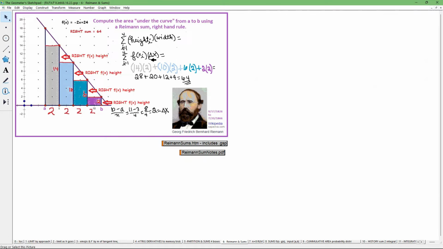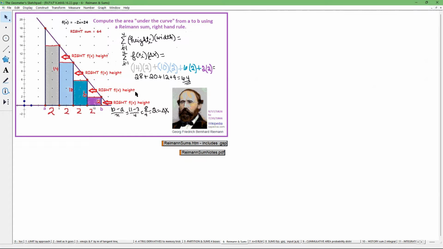Our delta X is the length of the base, and then the function value, whether we choose right, left, midpoint, trapezoidal, gives the function height. In this case, I used the right hand height.